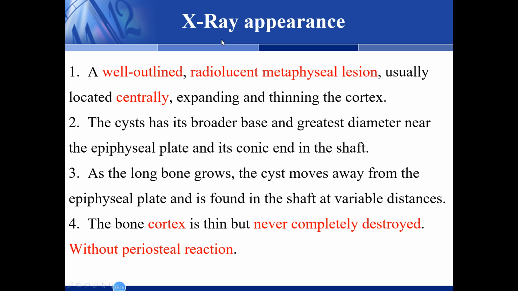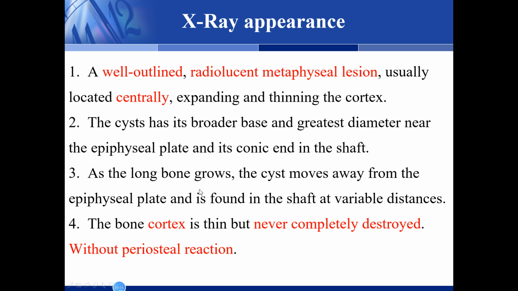X-ray appearance: 1. A well-outlined radiolucent metaphyseal lesion, usually located centrally, expanding and thinning the cortex. 2. The cyst has its broader base and greater diameter near the epiphyseal plate and its conic end in the shaft. 3.